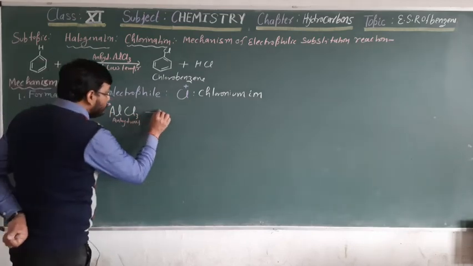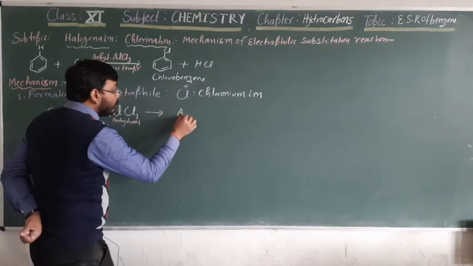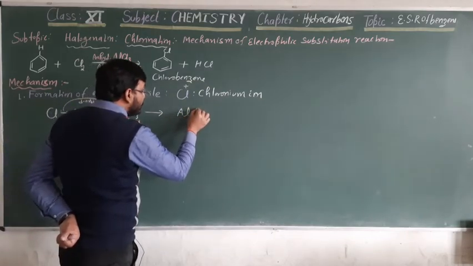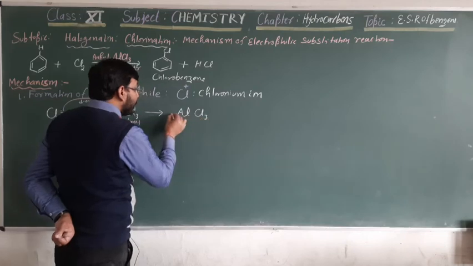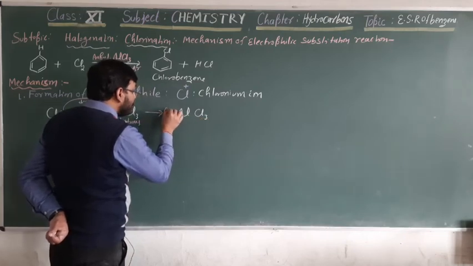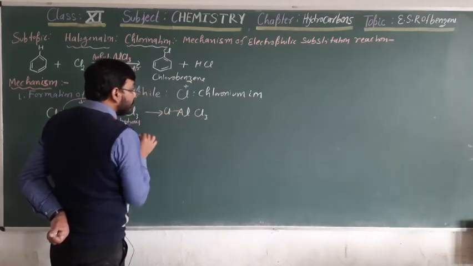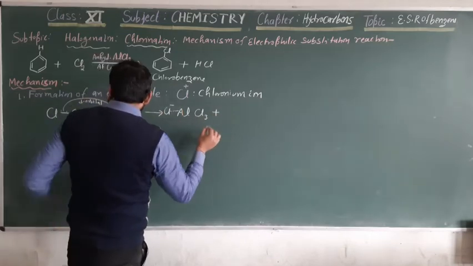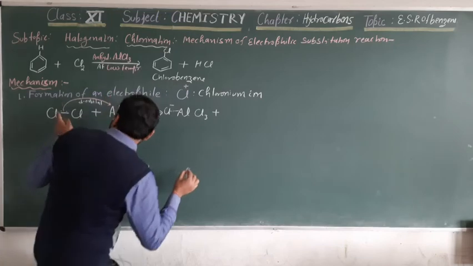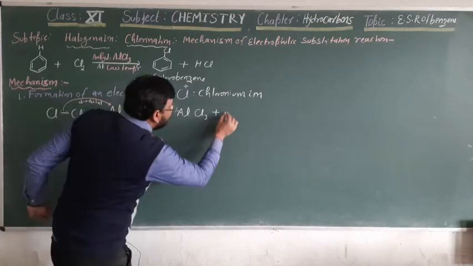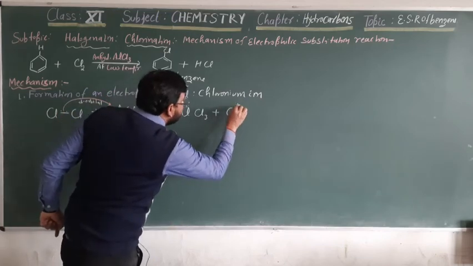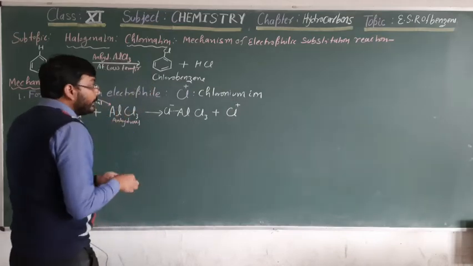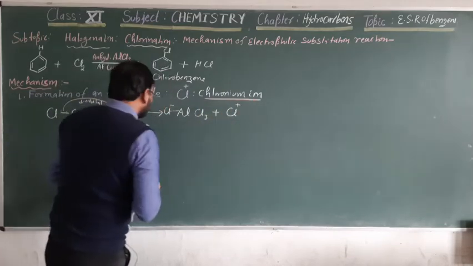So now we get a complex, AlCl3 and Cl. Here the minus charge appears and the electron of chlorine is transferred into the d orbital. Because of that, Cl gets the plus charge. We call it the chloronium ion.